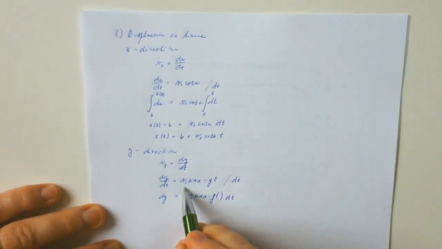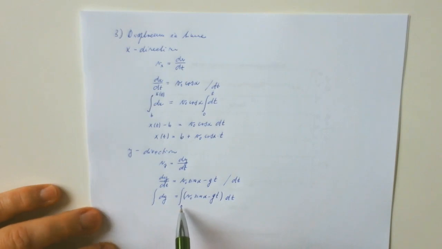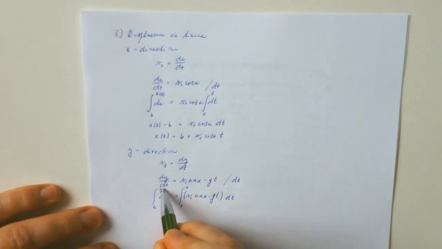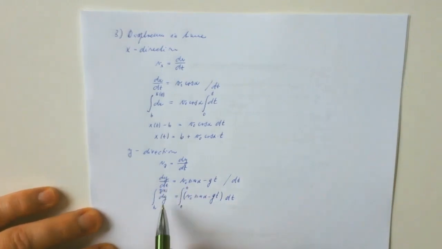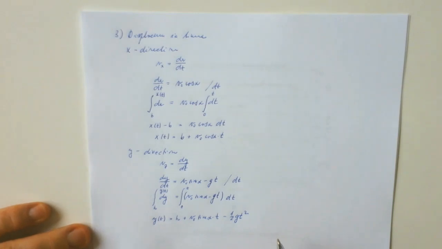We add integration signs and we define lower limits. When time was 0, y was h, and at instant time we have the instant position in the y direction. After integration we get h plus v0 sine alpha by t minus a half of g t squared.